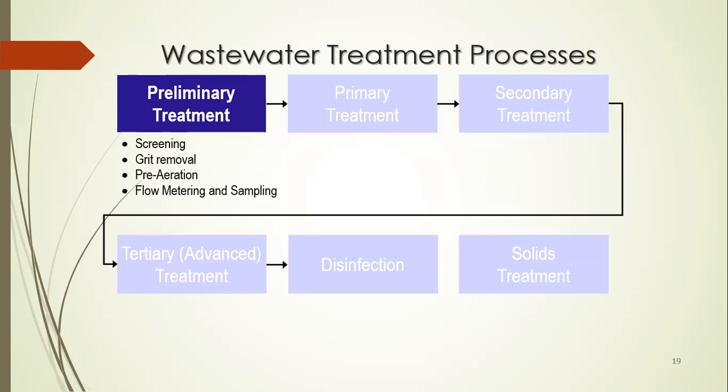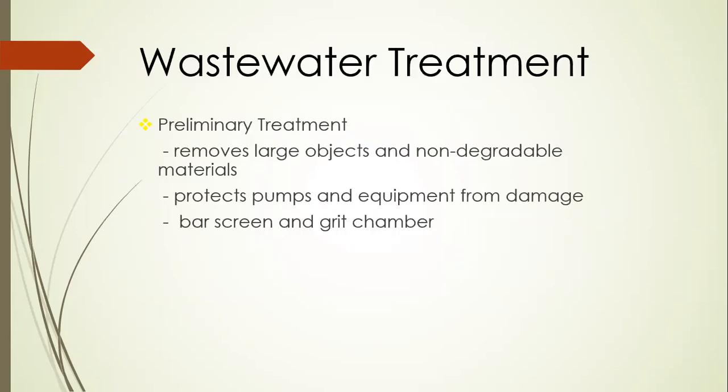Let's go into the details of each treatment step. In the preliminary treatment, as I indicated, we would have screening, grit removal, aeration, and flow metering. That is to know what is the flow that is entering the treatment facility.